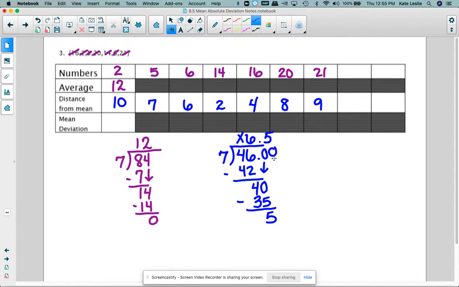Add one more 0 and bring it down. 7 goes into 50 7 times. 7 times 7 is 49. So you still get a remainder of 1. So my decimal is going to continue going. Remember, I told my students to only go to 2 place values. So your mean absolute deviation is 6 57/100.